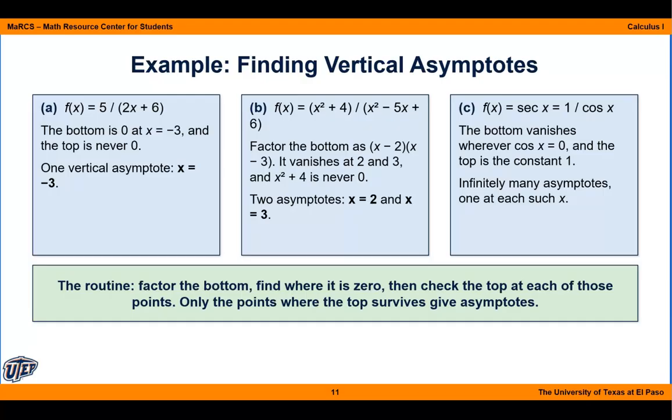In part C, the denominator is cosine. Cosine equals 0 at infinitely many inputs, and the numerator is always 1. Therefore, secant has infinitely many vertical asymptotes, 1 at each 0 of cosine. The routine is consistent. Factor the denominator, locate its zeros, and check whether the numerator remains non-zero at each candidate.